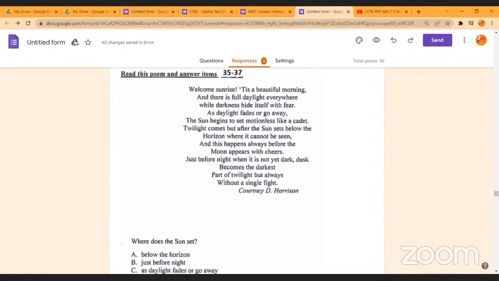Twilight comes but after the sun sets below the horizon, where it cannot be seen, and this happens always before the moon appears with cheers. Just before night, when it is not yet dark, dusk becomes the darkest part of twilight, but always without a single fight. Where does the sun set?